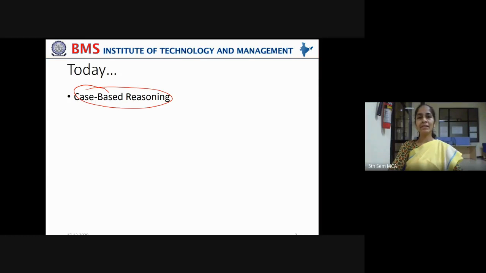What is happening in this case? You are trying to match the present problem with a problem already solved. And what is the approach that has been followed for the solved problem? If it is feasible, you try to apply that same solution to the current problem also, right? You're trying to recollect a case that has already been solved, and that same knowledge you're trying to apply here.